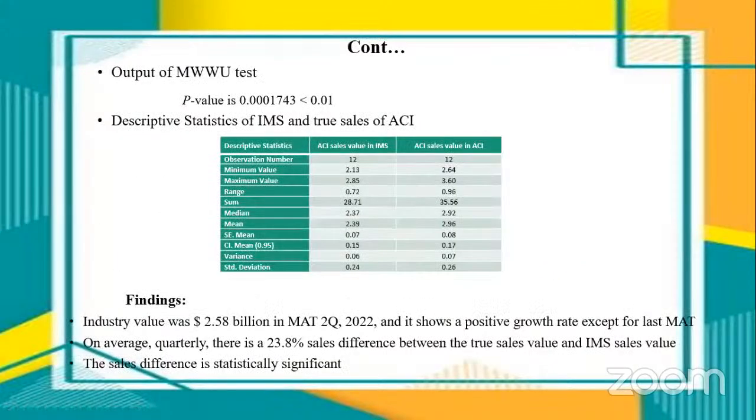That means the median of the IMS value and the median of the actual value in the pharma industry are significantly different, statistically significant. And the descriptive statistics show a similar result. The median of the IMS value is 2.37.